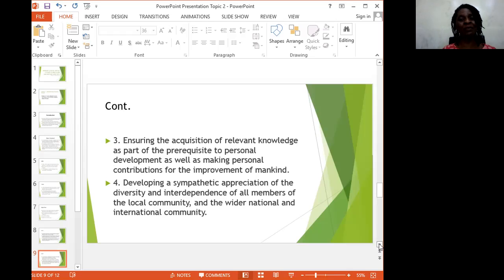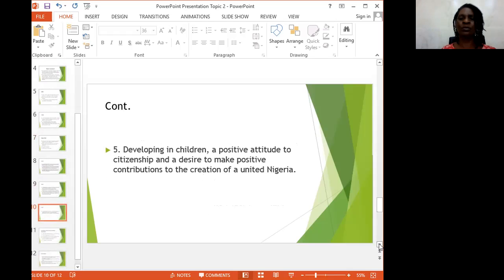I'll take this point again, point 4. Developing a sympathetic appreciation of the diversity and interdependence of all members of the local community, the wider national and the international community as a whole.